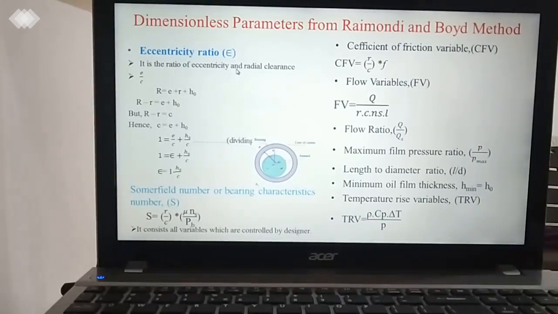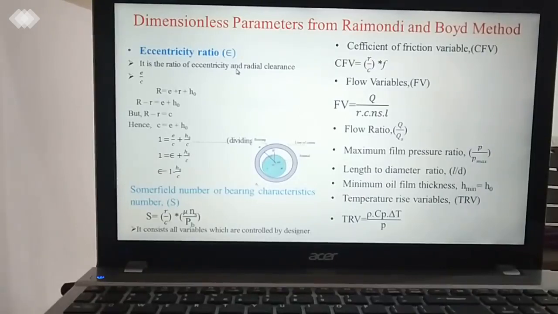Ns is the journal speed, revolutions per second. P is the unit bearing pressure, in Newton per mm square. Now the Sommerfeld number contains all variables which are controlled by the designer. So the Sommerfeld number has all design variables.